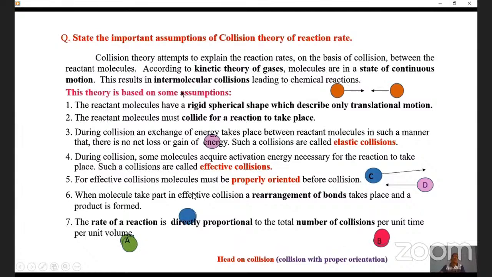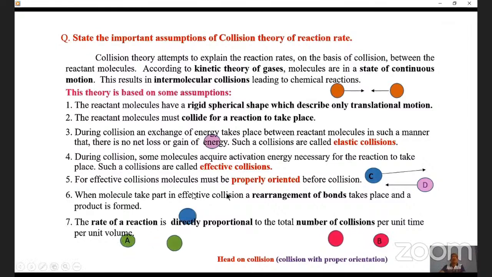This collision theory is based on some assumptions. The first assumption is that the reactant molecules have a rigid spherical shape which describes only translational motion. The second assumption is that the reactant molecules must collide with one another for a reaction to take place.